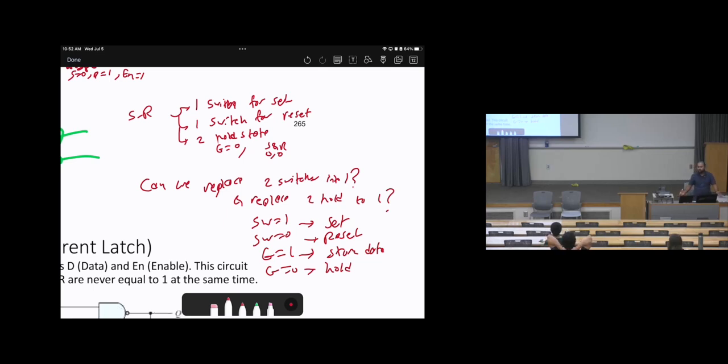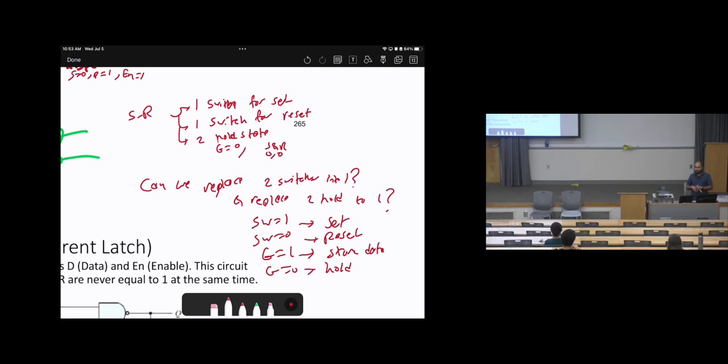So, as a result, we don't need to make two switches, S and R. We can create one switch. If the switch is on, store 1, off is 0, by looking at enable. If enable is off, then hold. So instead of having 6 possibilities, we can have only 3: on, off, hold. That's it.